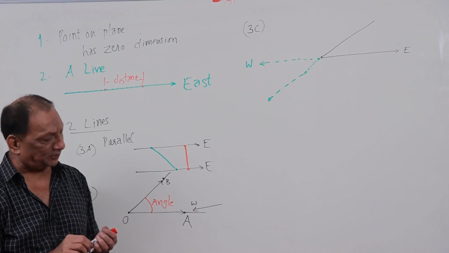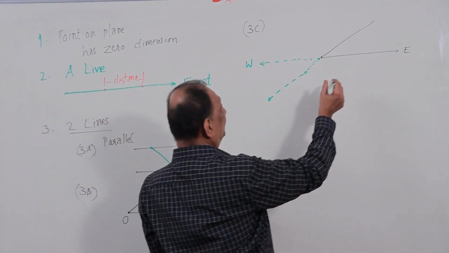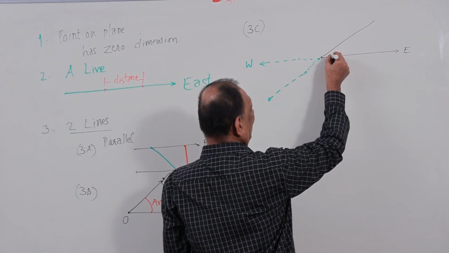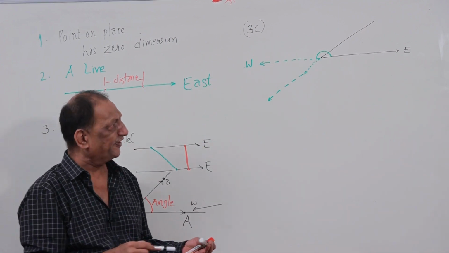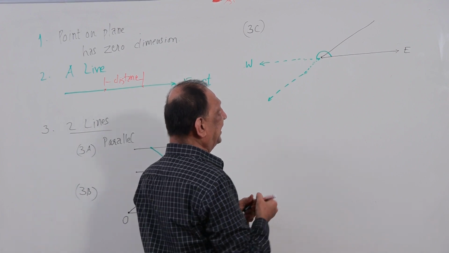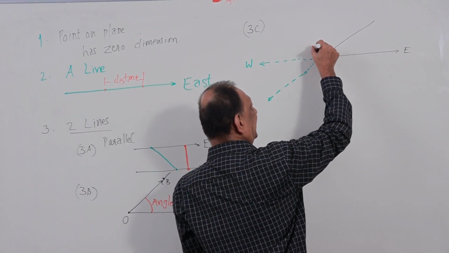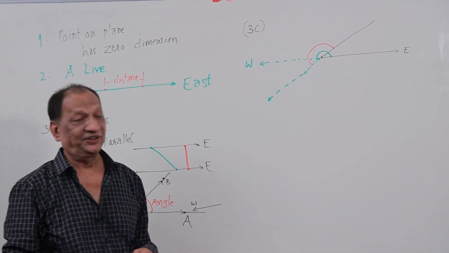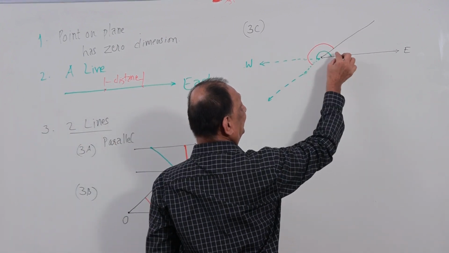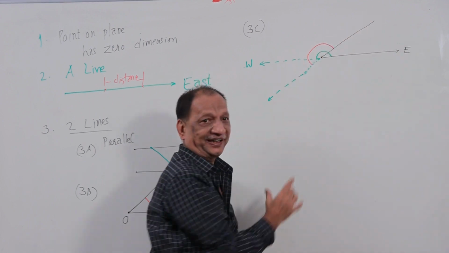Out of these 4 angles, some couple of interesting observations. One is between east to west, I got 180 degrees. Correct? No questions on that. Same way, from the second line to the extension of the second line, I have 180 degrees. There are 2 180 degrees there. Right? And out of the 2 180 degrees, you can see there is a common part. Correct?